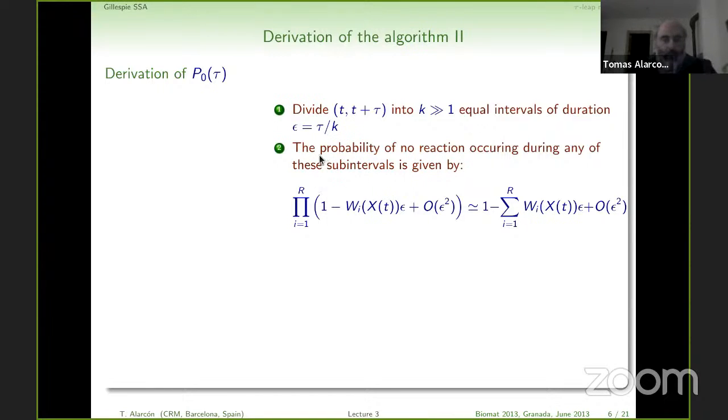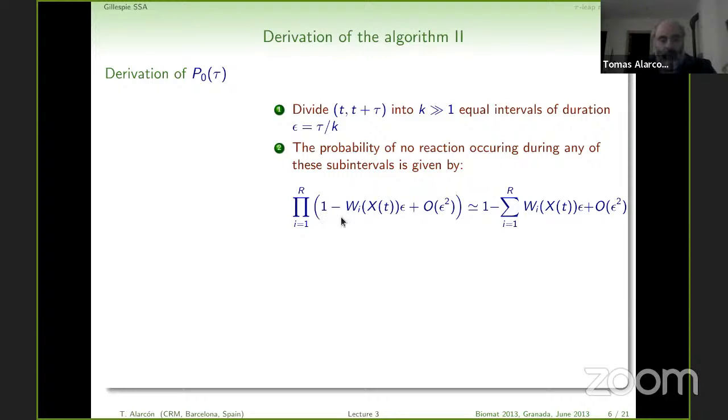So the probability of no reaction occurring during any of these subintervals is 1 minus the probability of event I occurring within this subinterval, which is given by the corresponding W multiplied by epsilon plus things that are of order epsilon squared. So this is the probability that reaction I occurs in this subinterval.